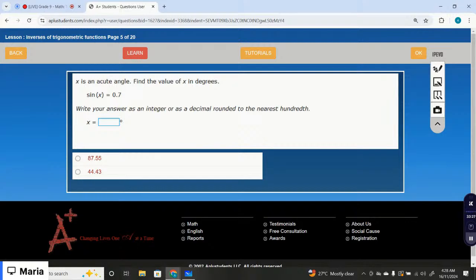X is an acute angle. Find the value of x in degrees. Sin x equals 0.7. So which is the correct option?